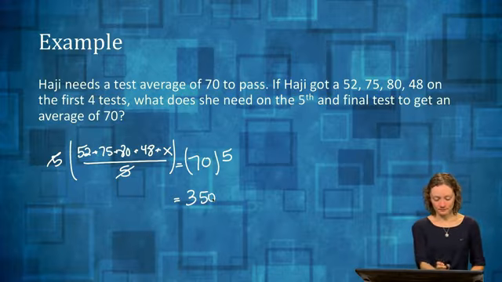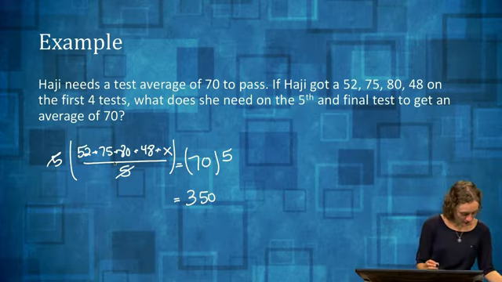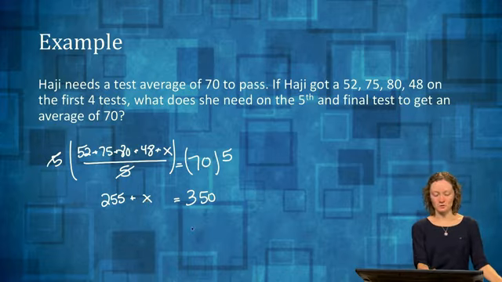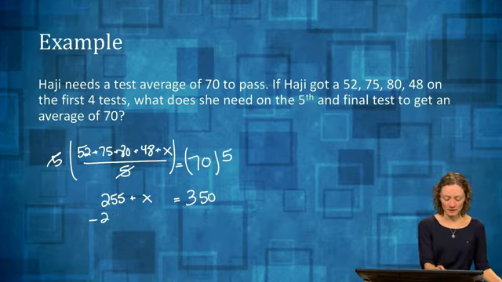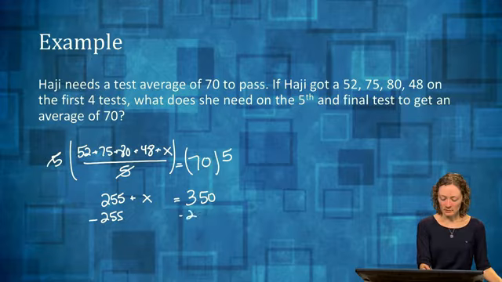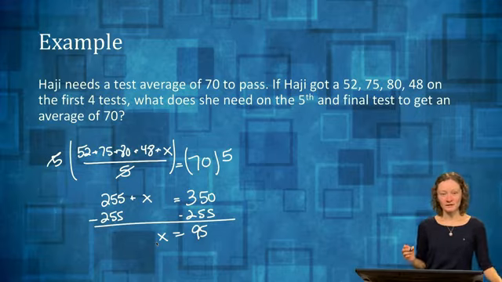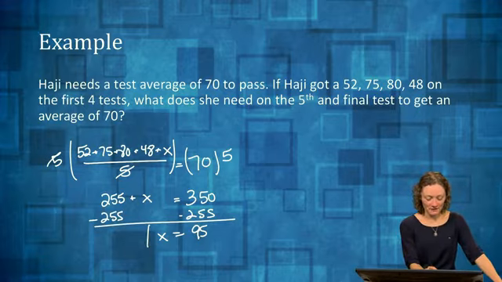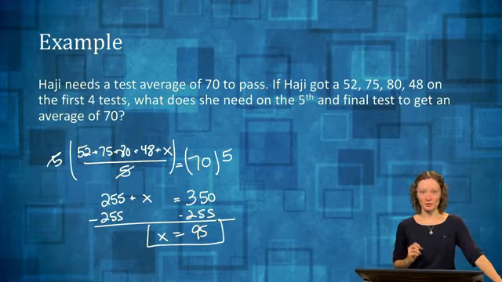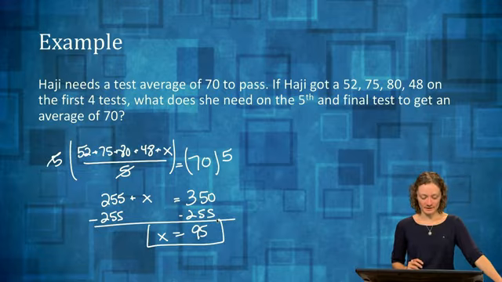On the left, I'm going to go ahead and add up those values. That gives us 255 plus the missing value equals 350. Continue solving, subtract the 255 from both sides, and we get 95. So poor Haji needs a 95 on the 5th test in order to get a 70 in the class.